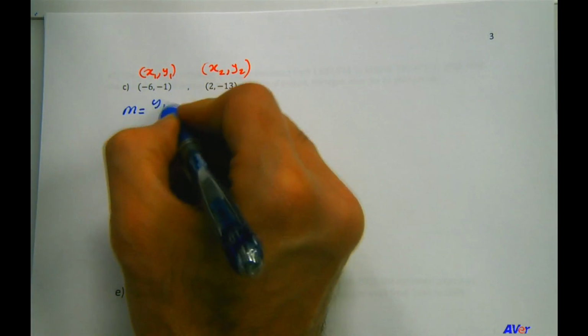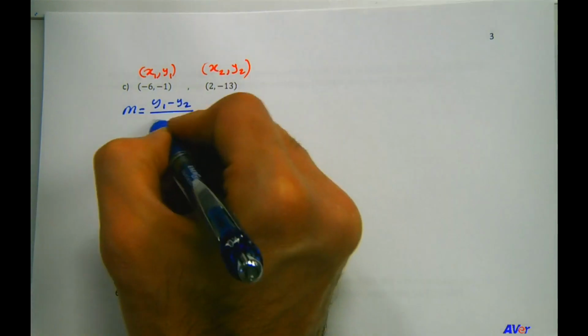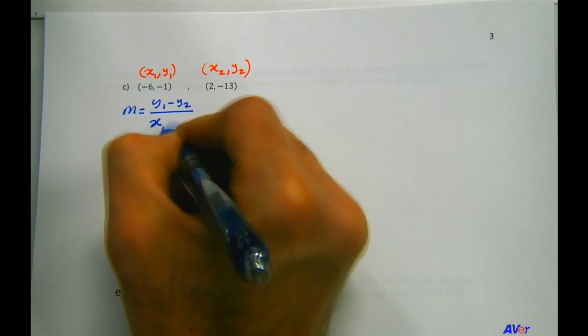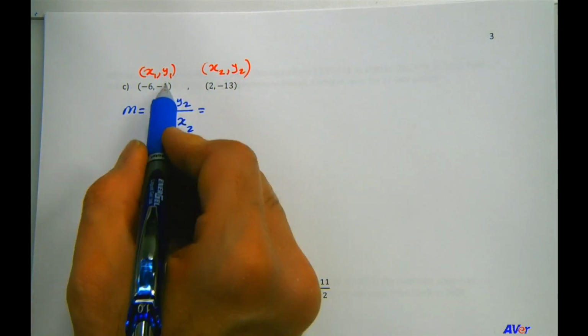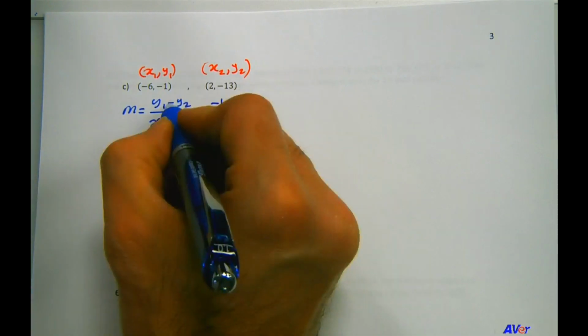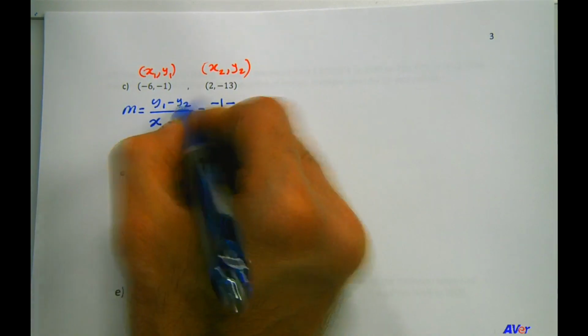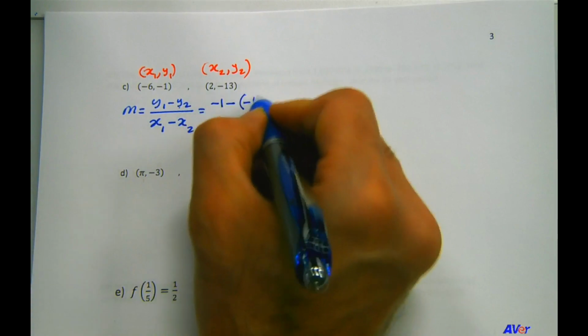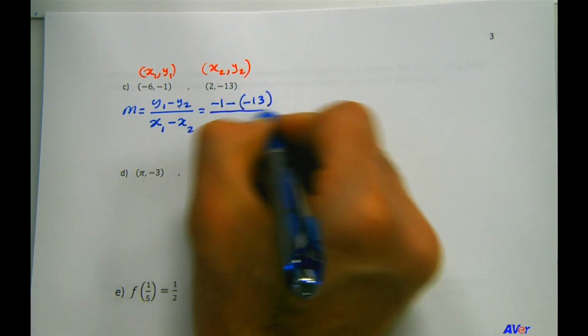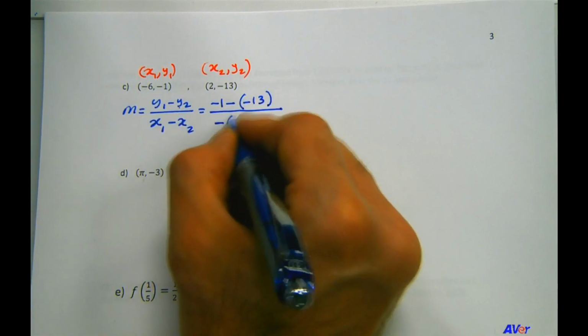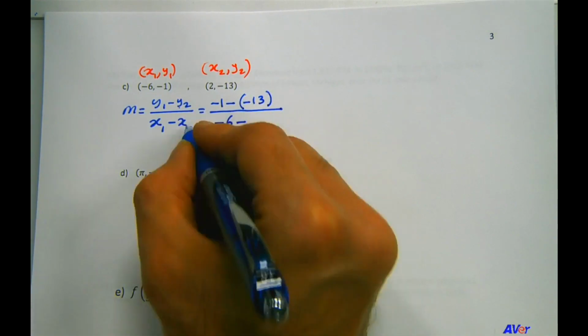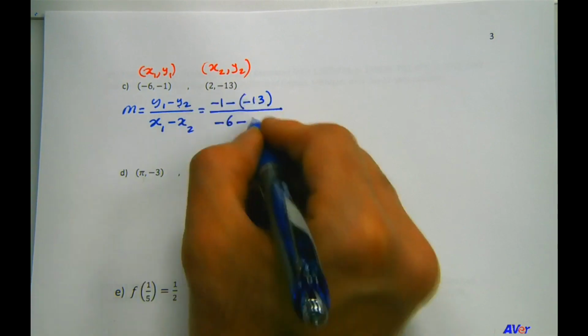And we know the slope formula. It is y1 minus y2 divided by x1 minus x2, right? We keep the order of subtraction the same. So y1, which is minus 1, minus y2, which is minus 13, divided by x1, which is minus 6, minus x2, which is positive 2.